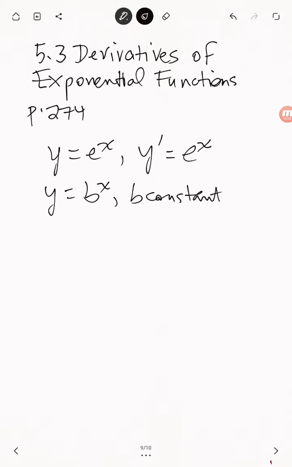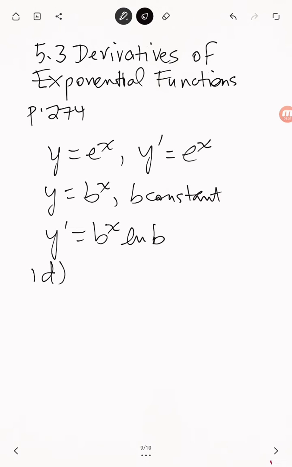And from the investigation that you did in this lesson, the derivative of that would be b to the x ln b. And ln b is, of course, a constant as well, because it's just the ln of a number, which is also a number.